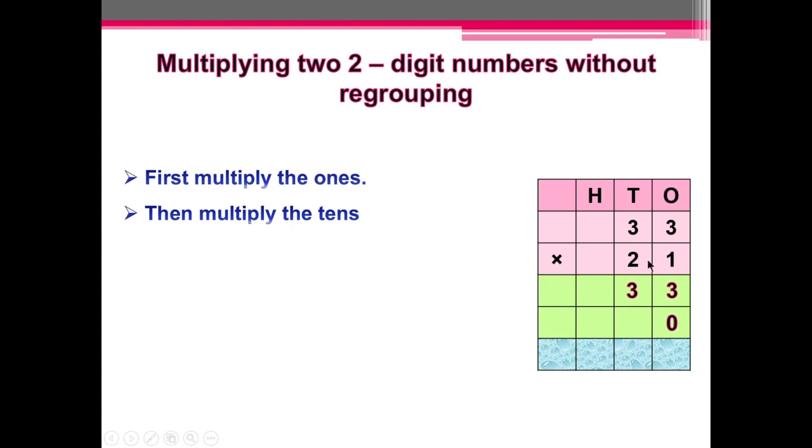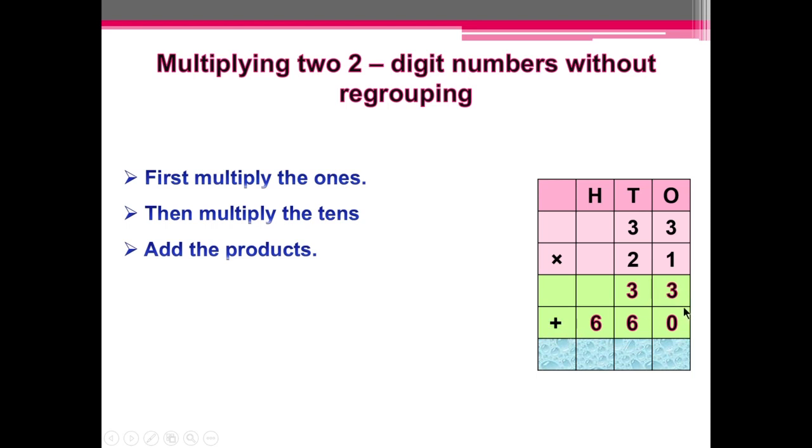Now, we'll start multiplying. That is, 3 multiplied by 2 is equal to 6. Again, 3 multiplied by 2 is equal to 6. Very good. Add the products. Now, we'll add the products. We'll put an addition sign over here and we'll do simple addition.